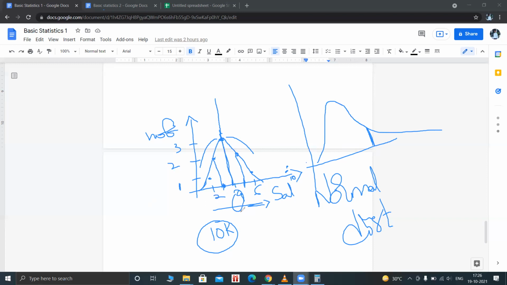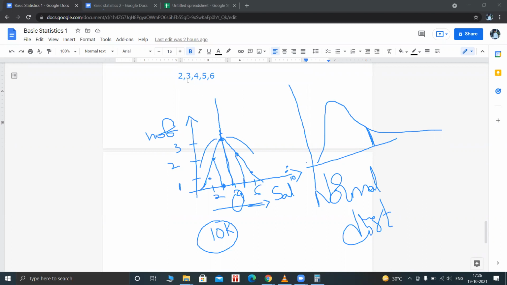When you arrange them, let me take those data points. Those are 2 3 4 5 6. So this was my data point, right?